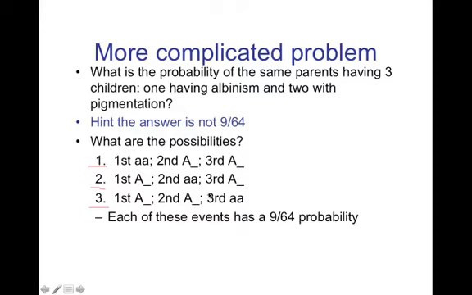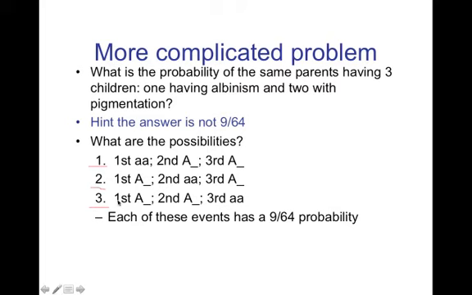So because of this, we know that each of these has a 9 out of 64 probability of occurring. We know that there's a 1/4 chance that this could occur, and we know there's a 3/4 chance and a 3/4 chance. So you multiply 1/4 times 3/4 times 3/4, and you end up with 9/64.